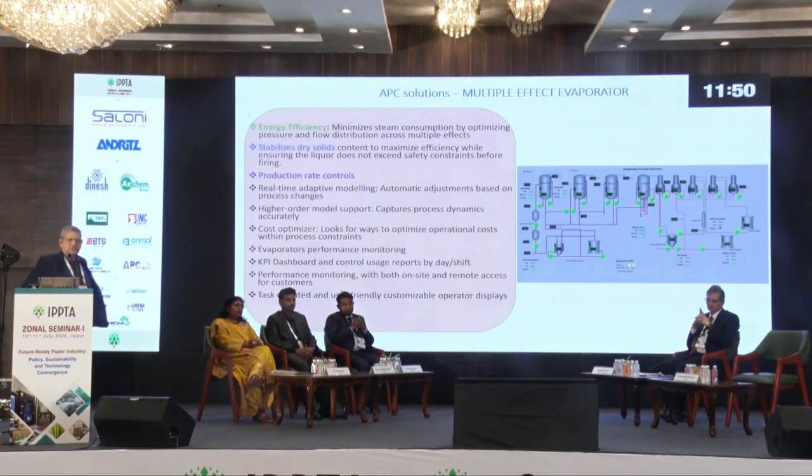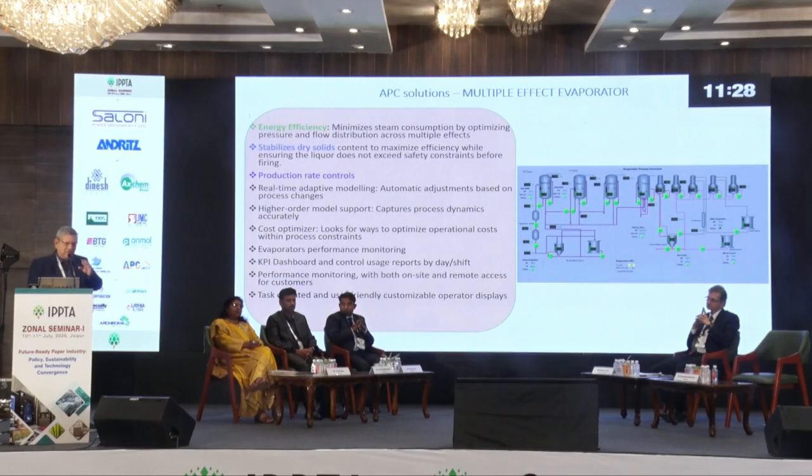So how that is used in the evaporator: what is needed in evaporator optimization is energy efficiency, how the steam is used effectively to achieve the total evaporation capacity. Then stabilize the dry solids. If the dry solids are stabilized, then the recovery boiler is sustained very well. That is the ultimate.